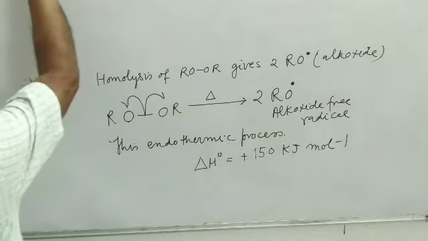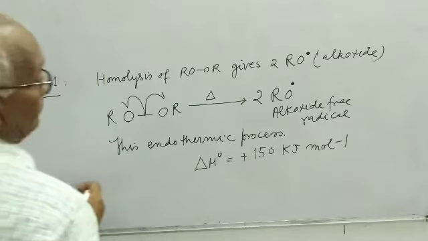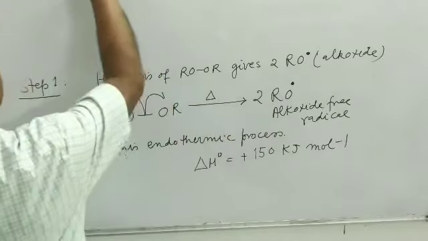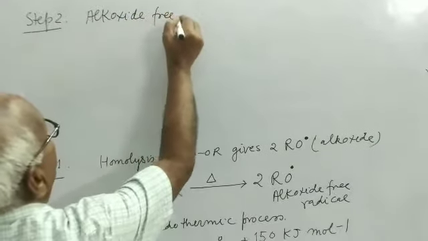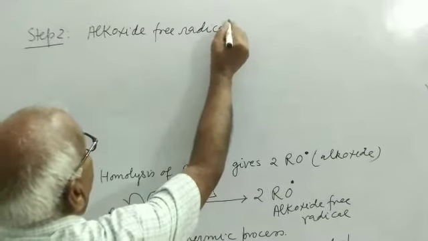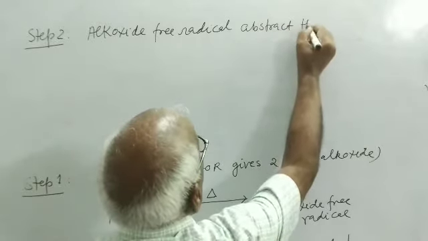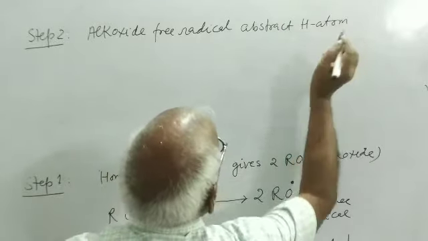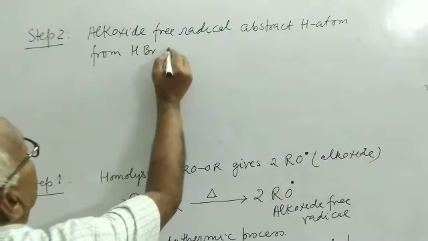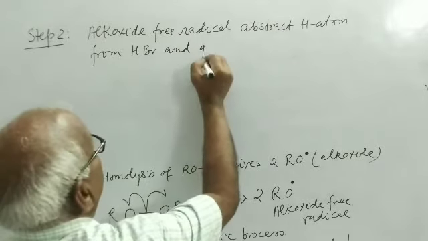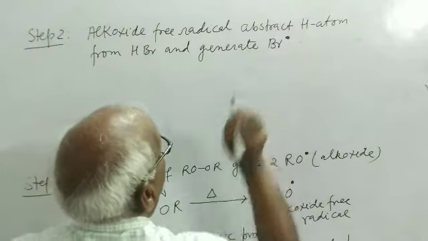Step 2: the alkoxide free radical abstracts an H atom from HBr and generates a bromine free radical or bromine atom.